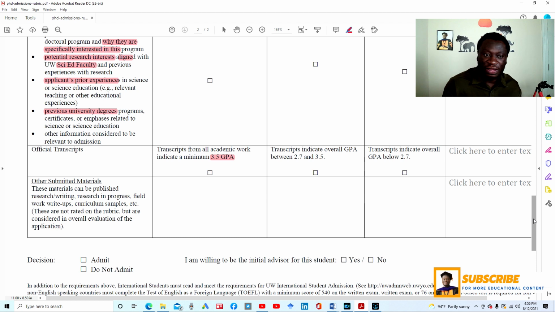But a lot of departments use rubrics, and they will just score it like this, 3-1 for each criteria, and add up the score at the end to select the top candidates that would come for interviews or whatever will be the next step.